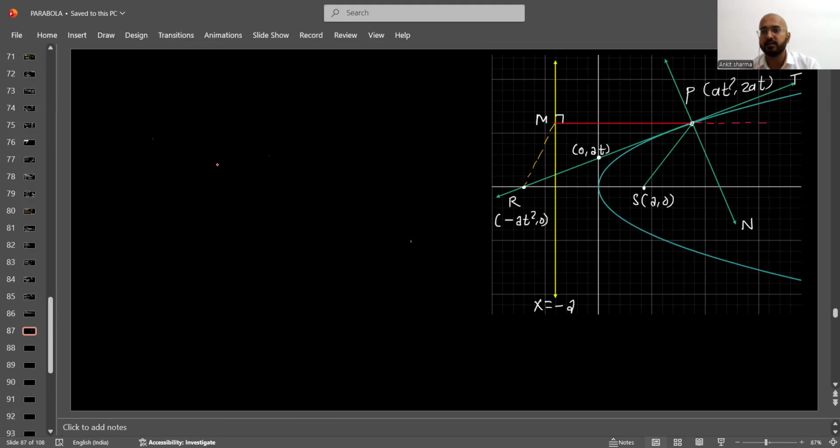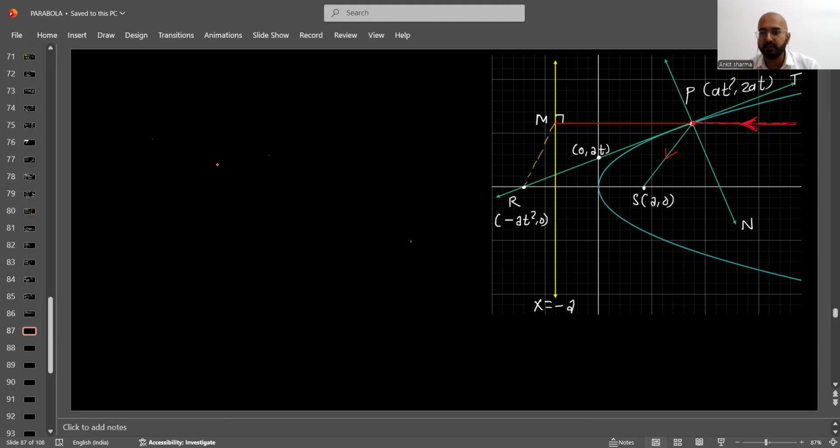Let us say it is being incident from this interior part. So suppose this is my incident line and it is incoming here. Then it gets reflected by the parabola after reaching this point, and then it will pass through the focus.